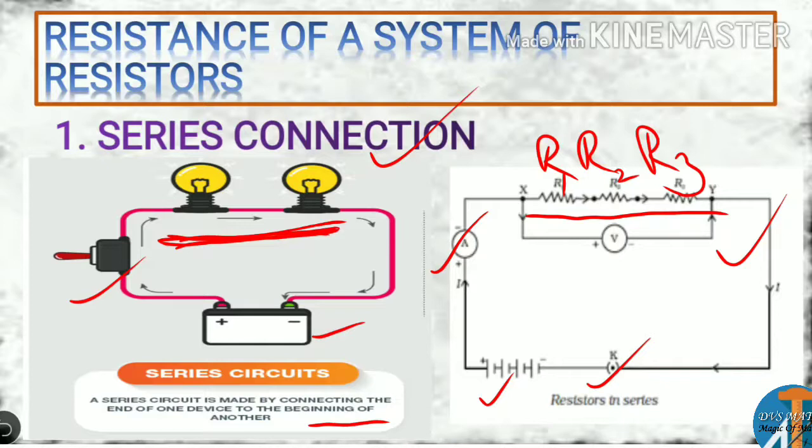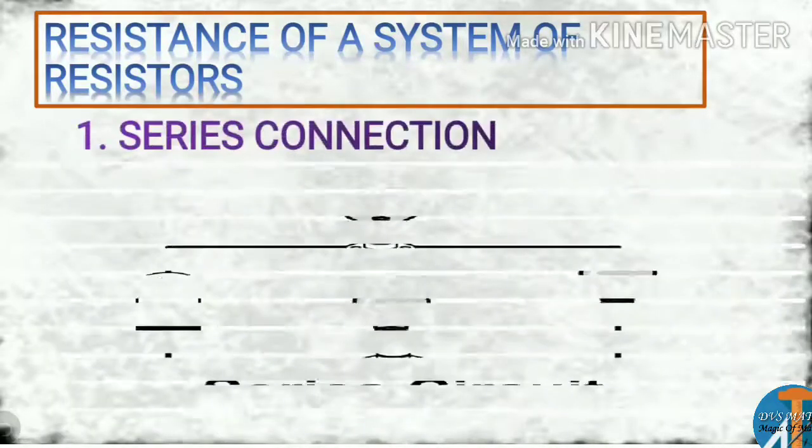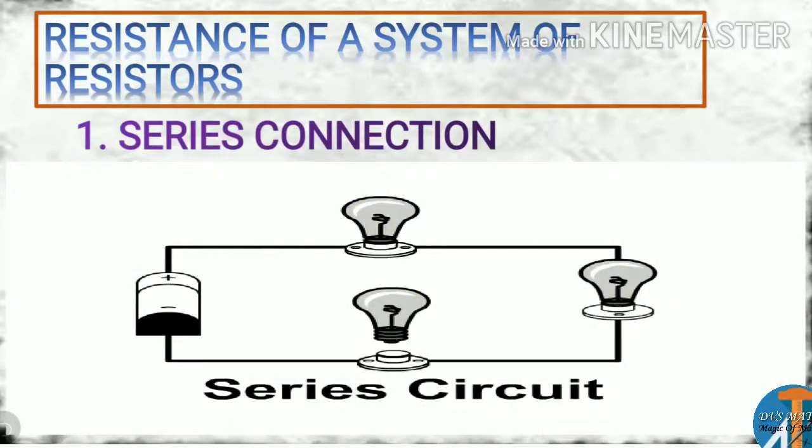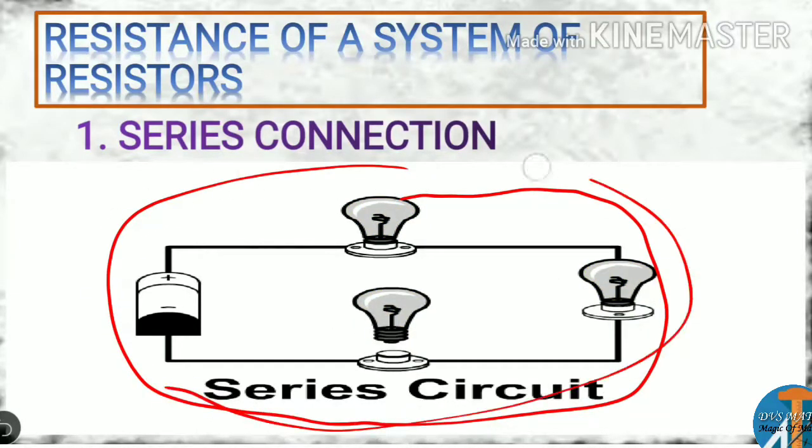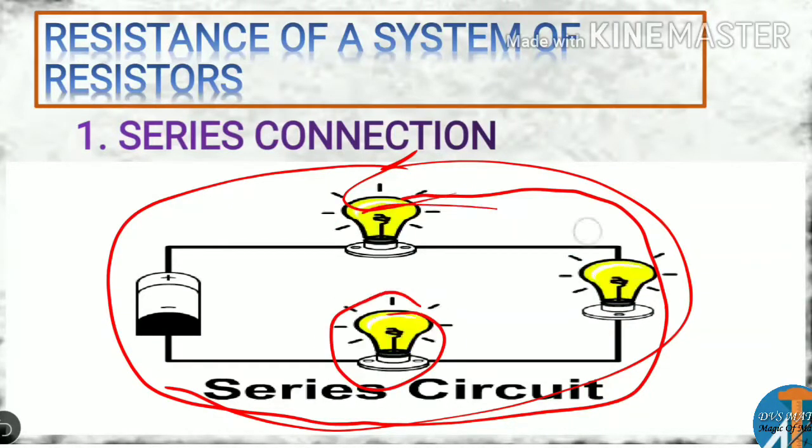Series means one after the other in a single line. Clear? Observe here, the connection is like this, one after the other. In this case, in series connection, if one of the resistances or one of the bulbs is not working, the other two also stop working. So the main disadvantage of series connection is that if one of the components fails to work, the remaining will also not work.